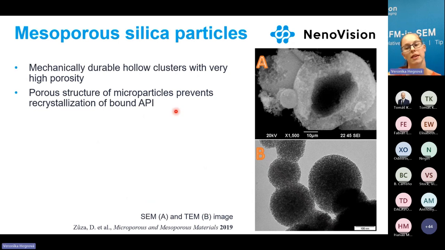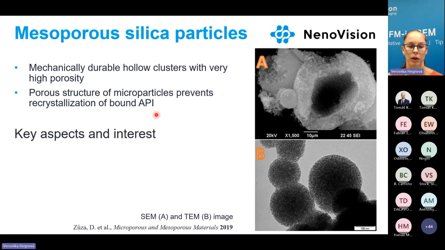And so let's have a look at the powder particles. We can see an SEM image and a TEM image of the mesoporous silica particles. They can create clusters or they can be single particles, depending on how much of the powder is on the sample.